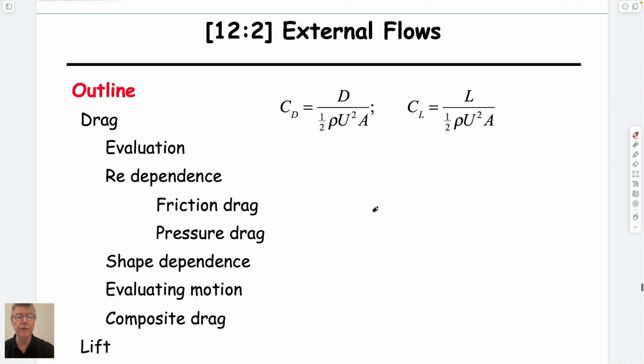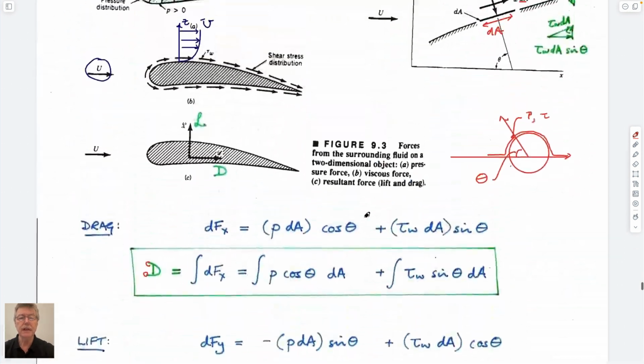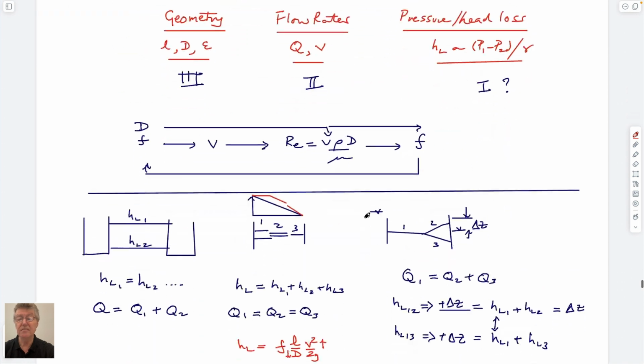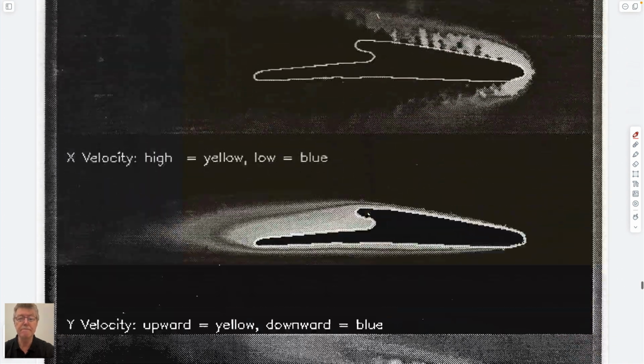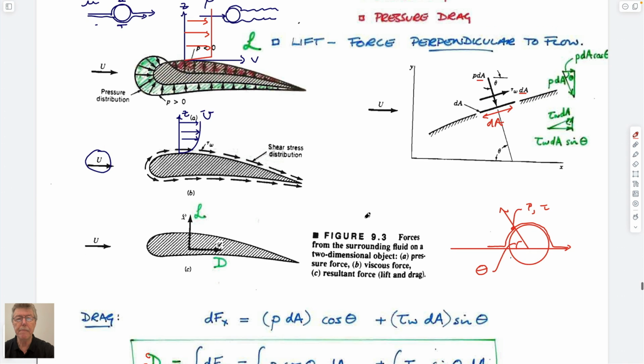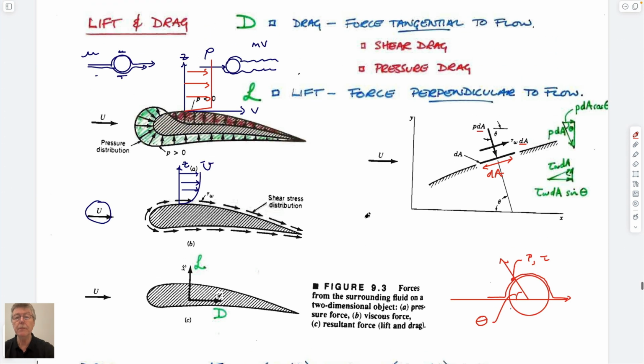We're talking about external flows. I guess last time we summarized where we got to, so I won't do that again. But what we might do is start from talking about lift and drag. You remember that we mentioned that they are the same properties, but drag is measured in the direction of flow and lift is measured perpendicular to that direction of flow.